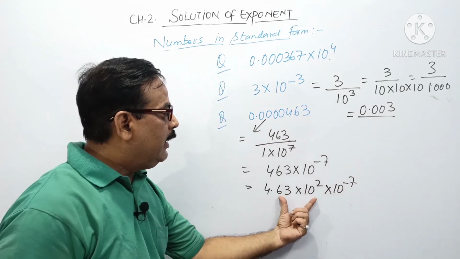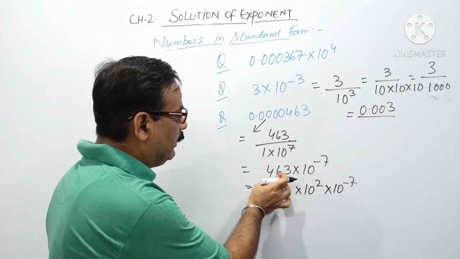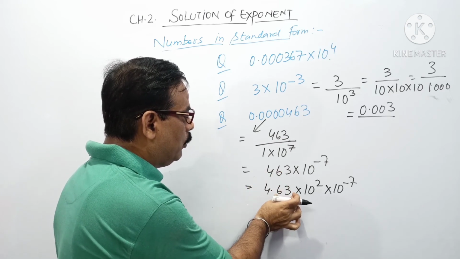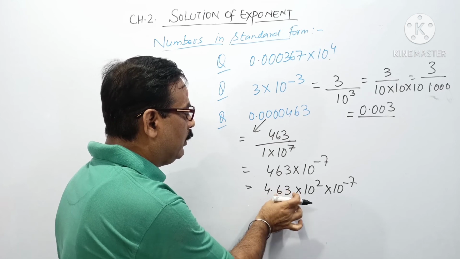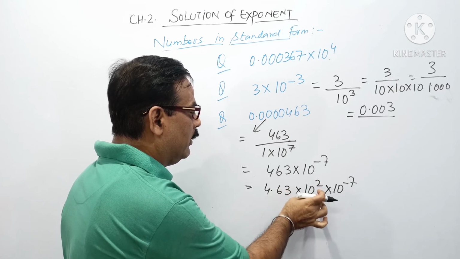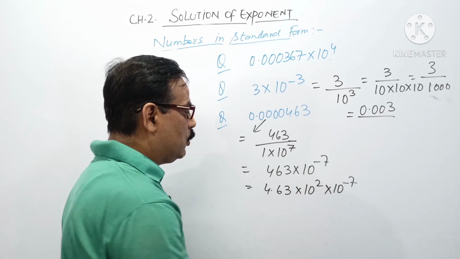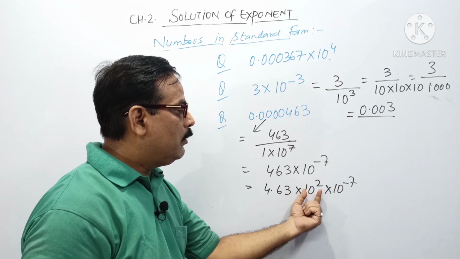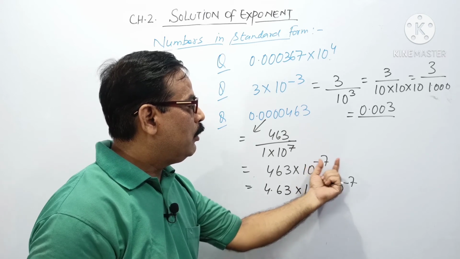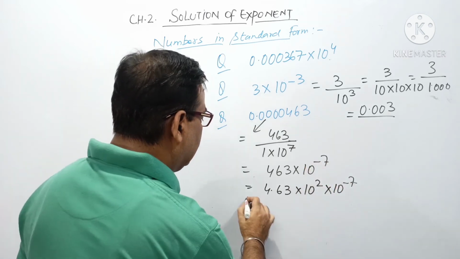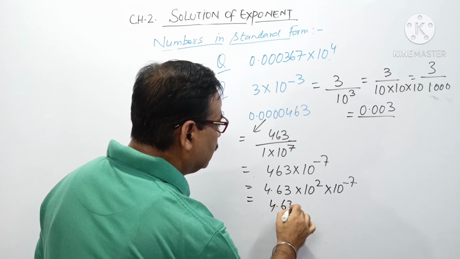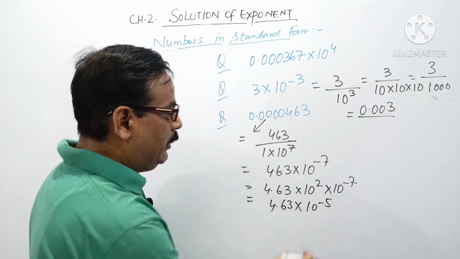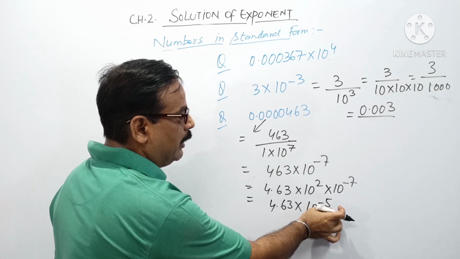We did this because we moved the decimal point two digits, which is equivalent to 100, that is 10 to the power 2. So we wrote 4.63 into 10 to the power 2, and 10 to the power minus 7 was already given. Lastly we solve to get 4.63 into 10 to the power minus 5. Why minus 5?